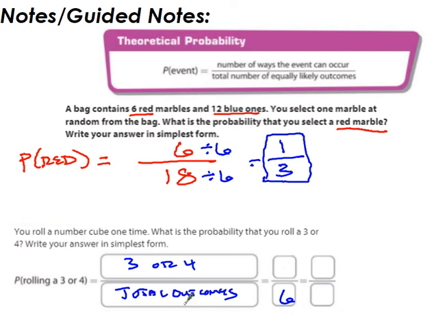Whenever I roll a dice, I can roll a 1, a 2, a 3, a 4, a 5, or a 6. So the probability of rolling a 3 or 4 is going to be something over 6 because there are 6 possible outcomes when I roll a dice once. How many 3s or 4s are there on a dice? There's 1 three and 1 four, so there's a total of 2 opportunities to roll a 3 or a 4. So it's just 2 over 6, which simplifies to 1/3.